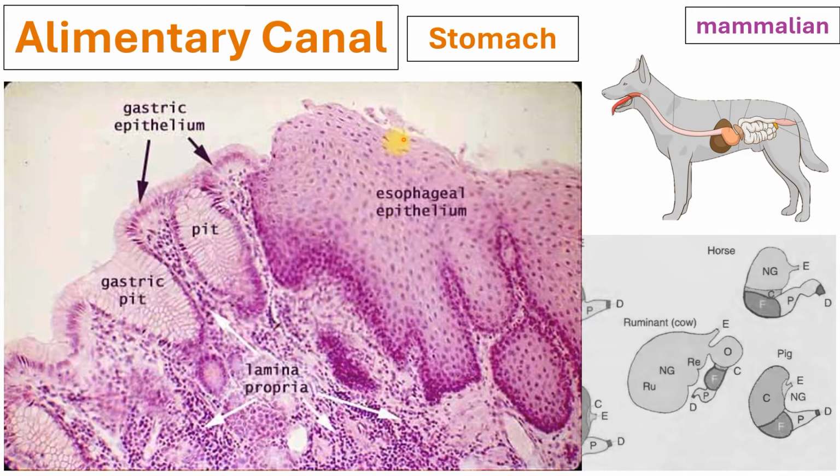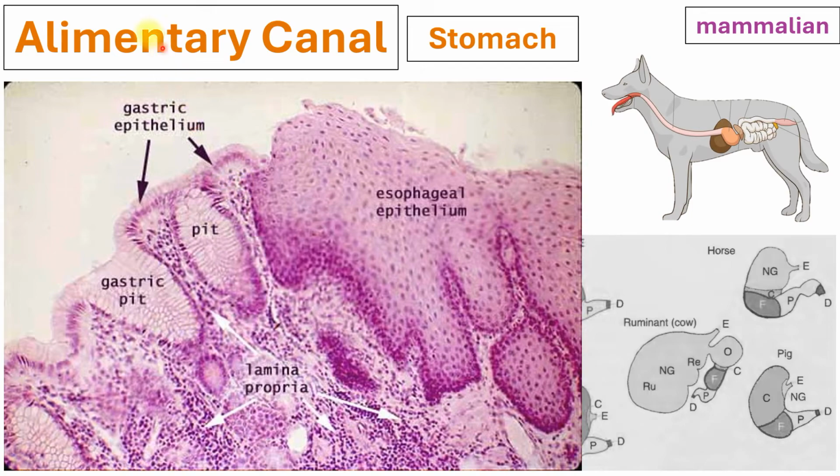So again, from stratified squamous epithelium, we would have the typical digestive epithelium, which is simple columnar epithelium, which usually contains a lot of goblet cells. In the stomach, the epithelium is just flat, but it would have pits or invaginations.